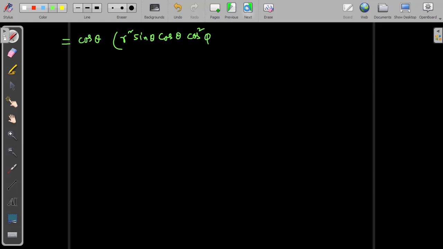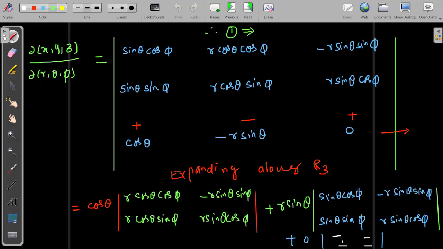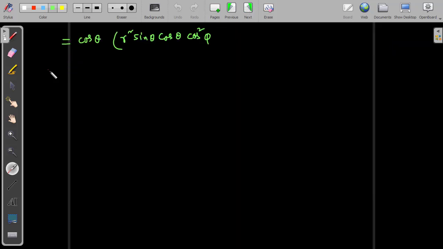After that, the second term is minus ad minus, and already a minus is there for this element. Minus times minus is plus. Again r times r square sin theta cosine theta. This time sin phi sin phi, multiplied twice, which gives plus r square sin theta times the same cosine theta.